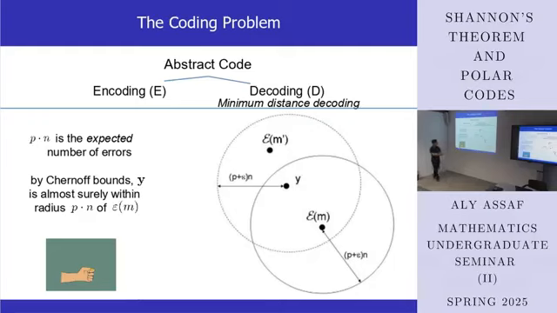Now another question. You said it's almost surely within radius p times n. Yes. So why is this obvious? You have a coin flip here. We flip a coin 100 times, right? You're going to get a value in between 45 and 50, somewhere around that. The larger we go, the closer it's going to be to the halfway.